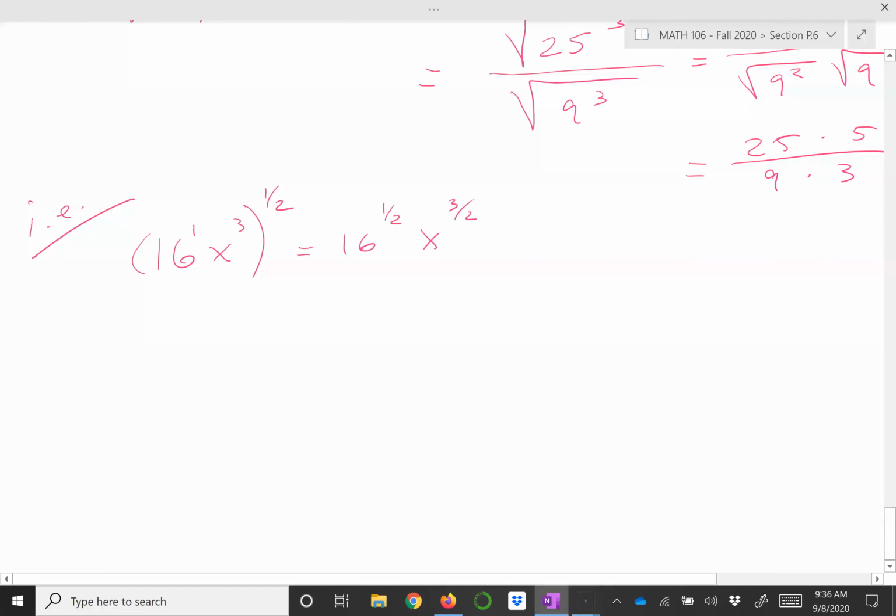Now let's change them into square roots. 16 to the 1/2 is easy. That's the square root of 16. And then this is the square root of x cubed. So the square root of 16 is there, and then I can split up the x cubed to be the square root of x squared times the square root of x. So my final answer will be 4x square root of x.